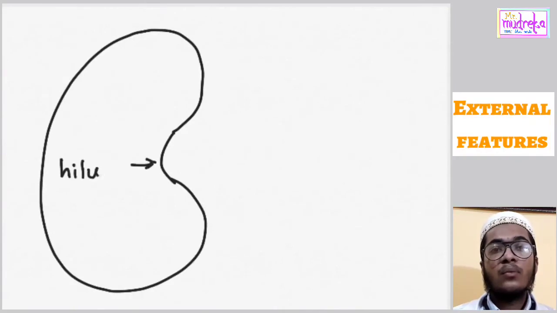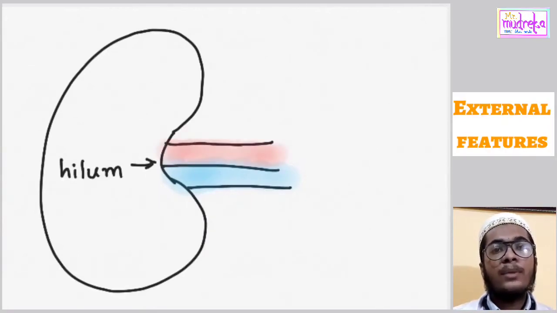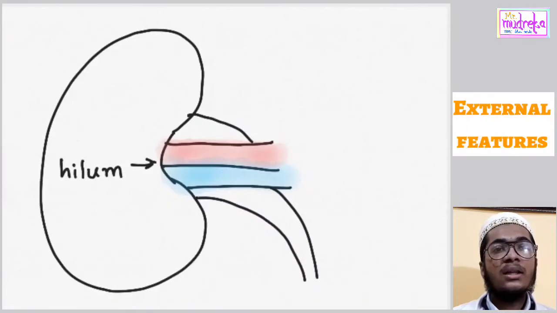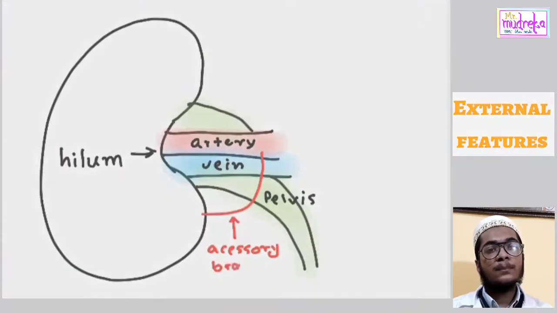The lateral border of each kidney is convex. Now about the hilum. The central part of the medial border of the kidney presents a deep vertical slit, which is called as hilum. It transmits from before backward the following structures: renal vein, renal artery, renal pelvis and subsidiary branch of the renal artery.